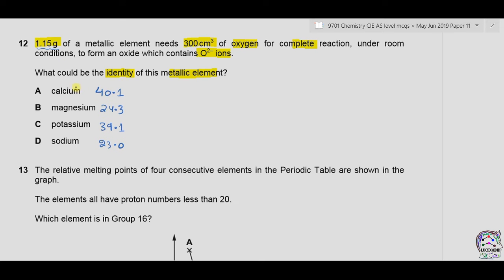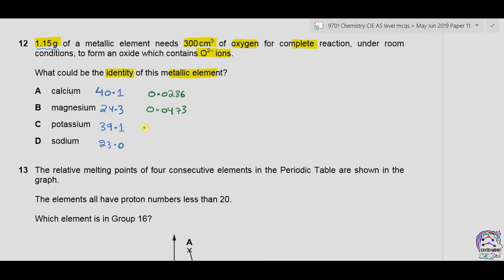Let's find the number of moles of each of these elements that are given. As number of moles is equal to mass in grams divided by atomic mass. So for calcium, the number of moles come equal to 0.0286. For magnesium, it comes equal to 0.0473.